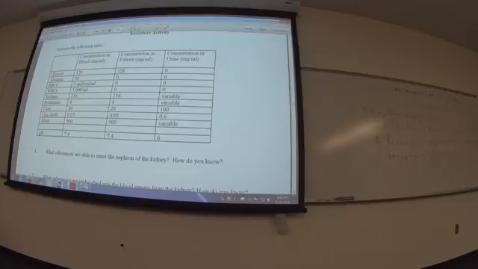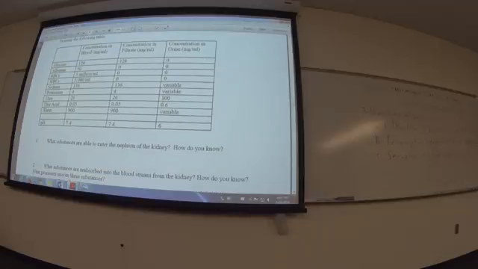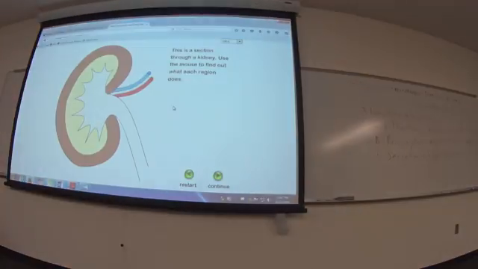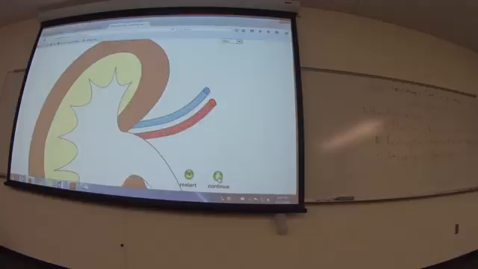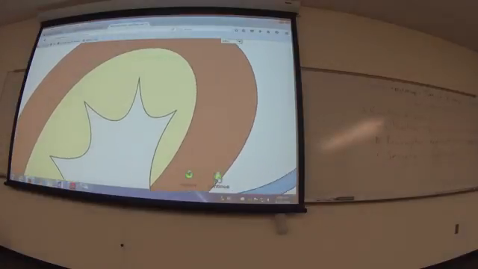Okay. Make sense? All right, so I'm going to show you a little animation of that reabsorption idea. It's actually made for a high school. It's kind of cool. So here's a kidney. We're going to zoom in.